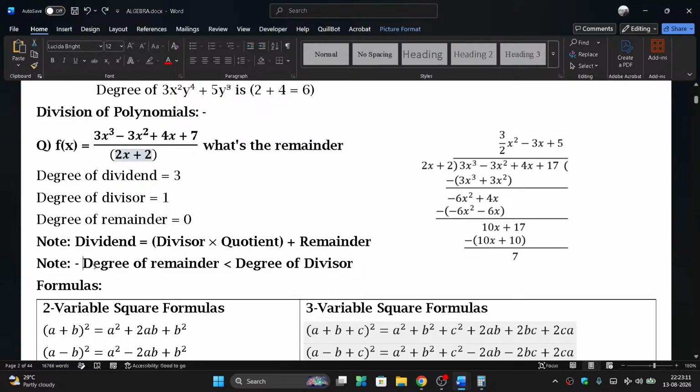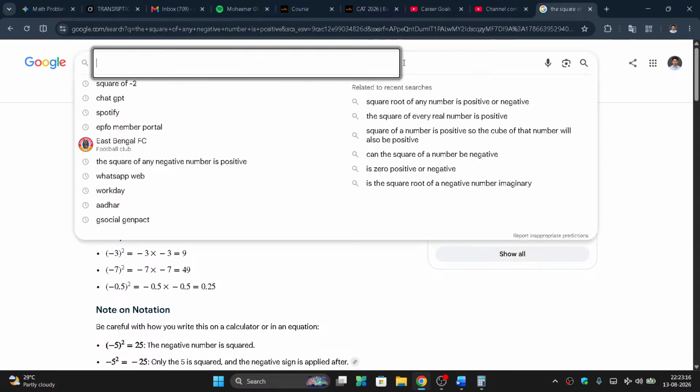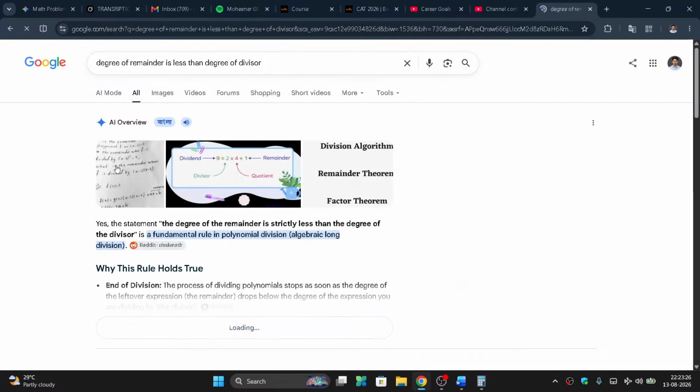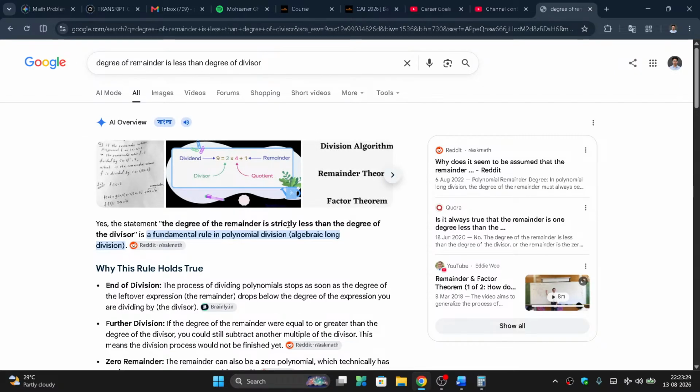I need to cross check this one. Yes, the degree of the remainder is strictly less than the degree of the divisor.